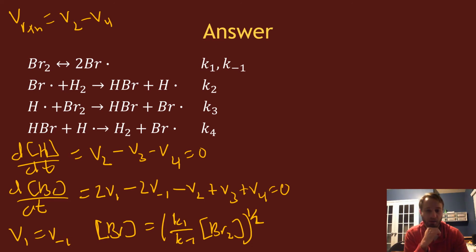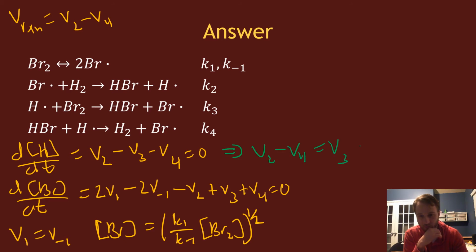Now, in the last slide, I was saying we can plug in for V2 and V4, and we see that it's related with Br and H2 and HBr and H. Well, I can actually do things a little differently. I can also say V2 minus V4, using this equation right here, just equals V3.